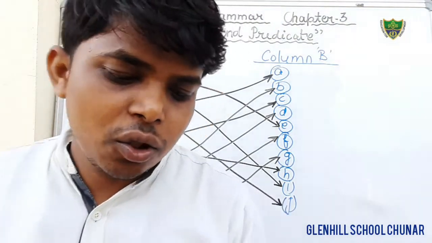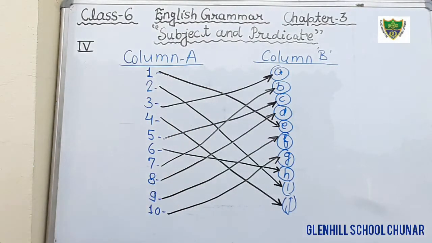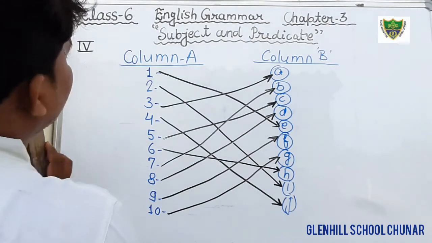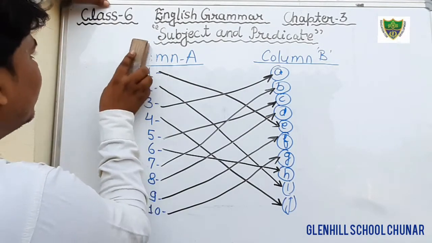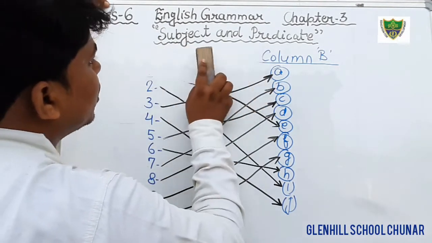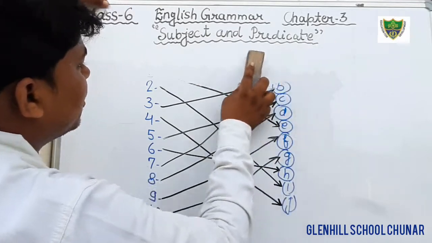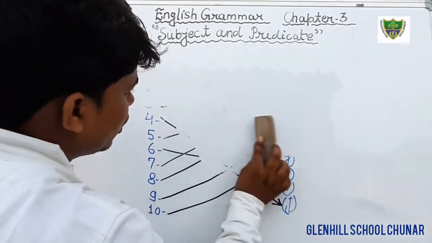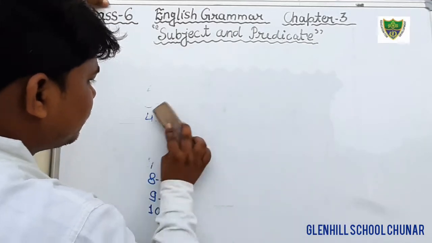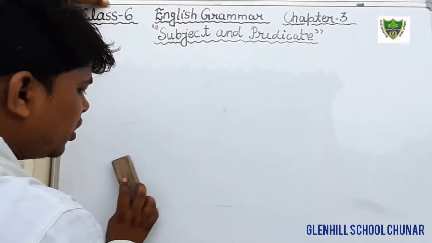So first just complete it. I am going to erase it, and after that we will do the optional question. All these exercises we will fill only in our book, no need to write in our copy. Just see the next.